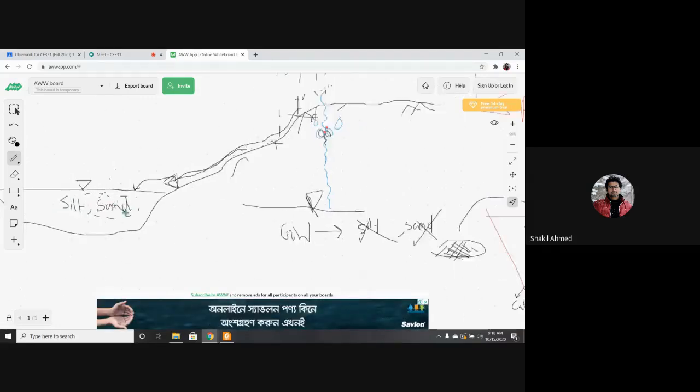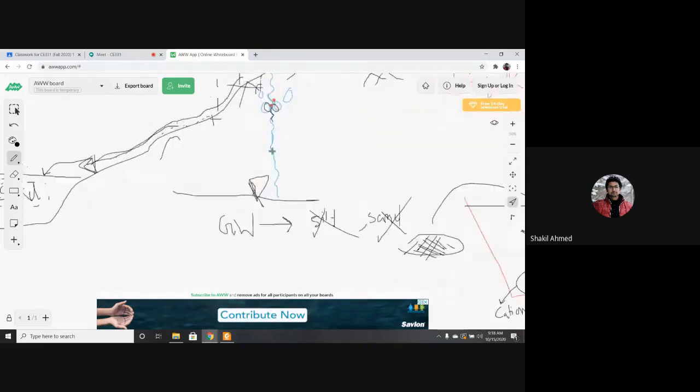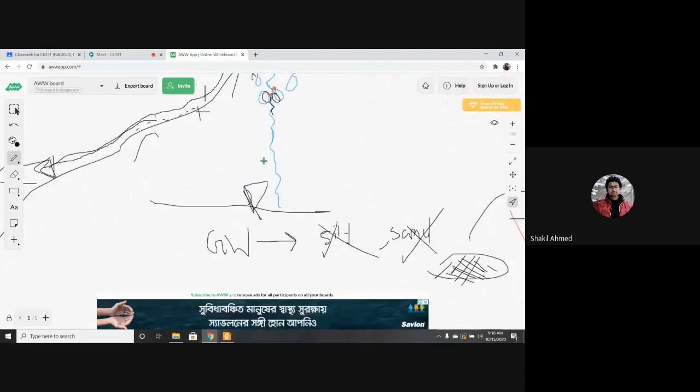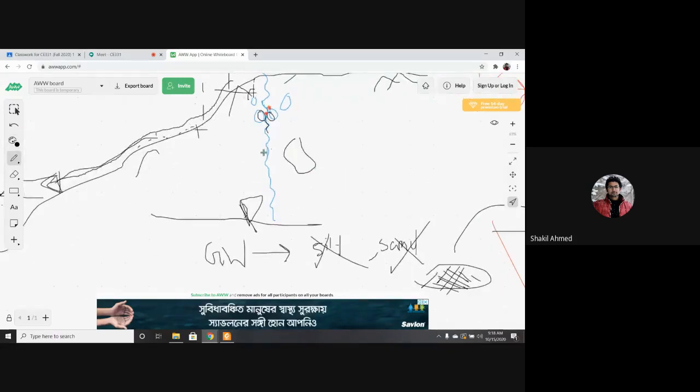But there is a but. In soil, you have many minerals. For example, you have calcium sulfate, a solid particle.